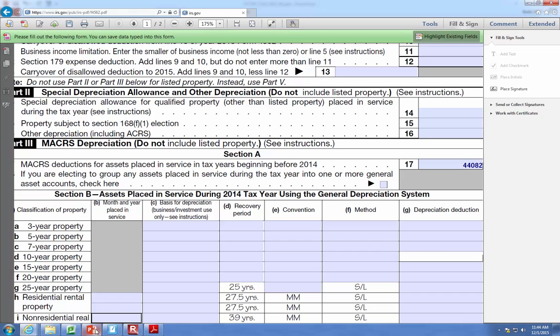Where does that number come from? Do you guys remember, who was it that we did all the depreciation on, and I asked you to print the depreciation worksheet?